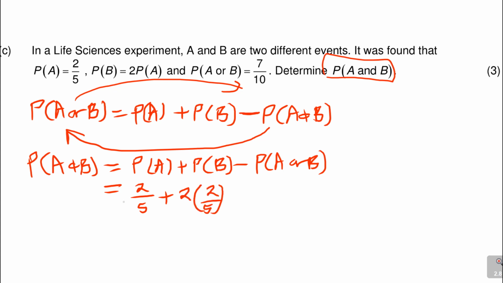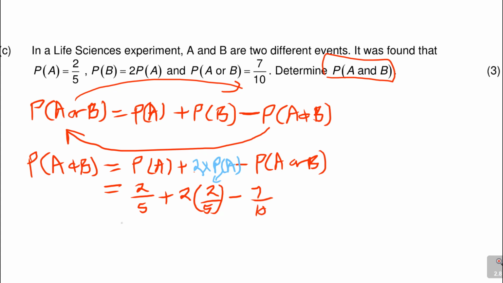Because they are saying it's here, it's 2 PA, you see? So you could have substituted here and said actually this is 2 times probability of A, you see? So this is the probability of A. And then what we have minus probability of A or B, which is 7 over 10.